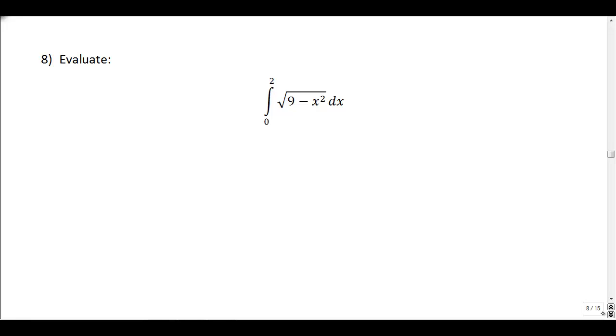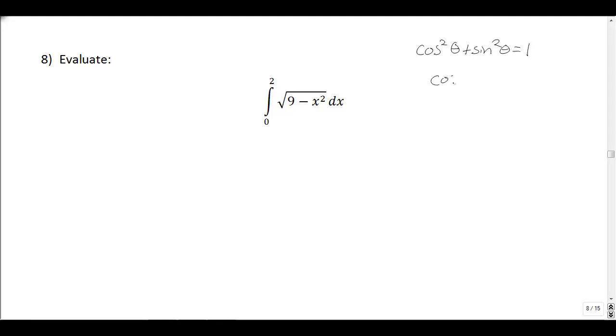Okay, we've got a definite integral, not just an antiderivative, going from 0 to 2 of the square root of 9 minus x squared. Now this one, when I see this 9 minus x squared, particularly under a square root, it makes me think of a trig substitution. And so I'm going to manipulate the equation cosine squared theta plus sine squared theta equals 1.